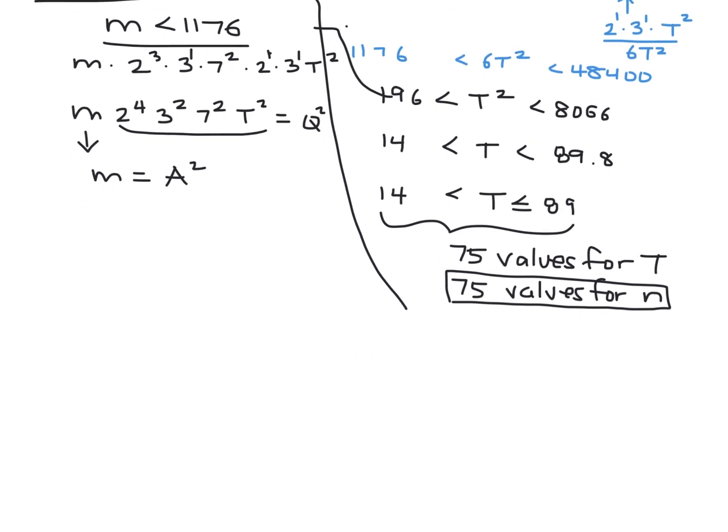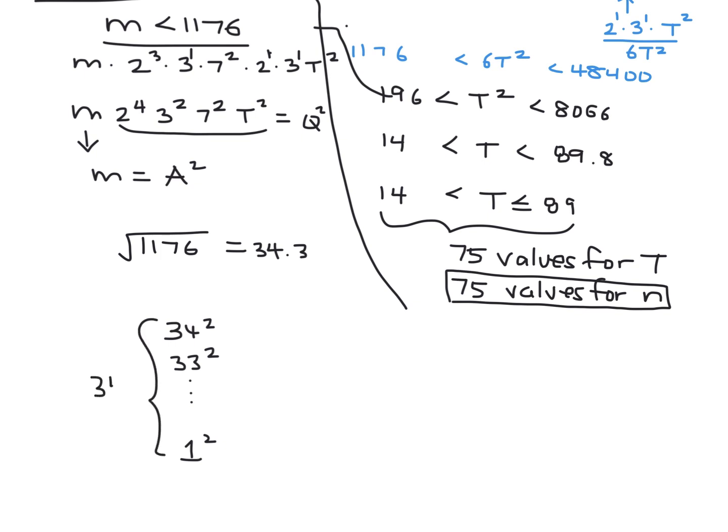It has to be a perfect square, and it has to be less than 1176. So basically it means any perfect square less than 1176. The square root of 1176, I believe, is about 34.3. So any perfect square less than that: 34 squared, 33 squared, all the way down to 1 squared. So there are 34 values for m.